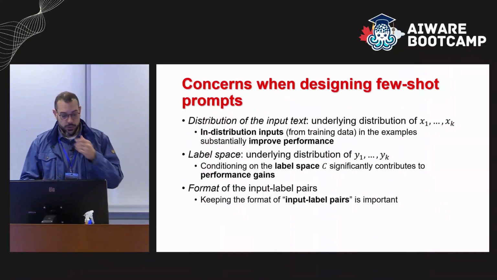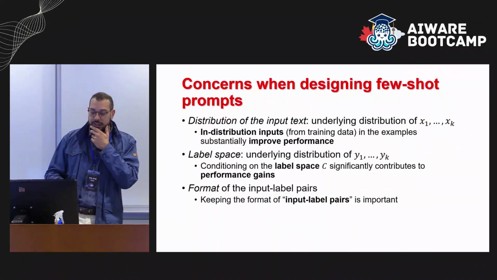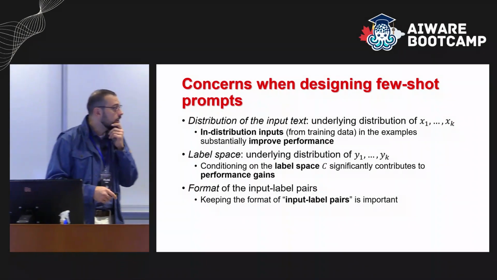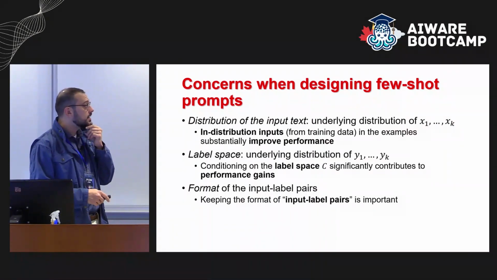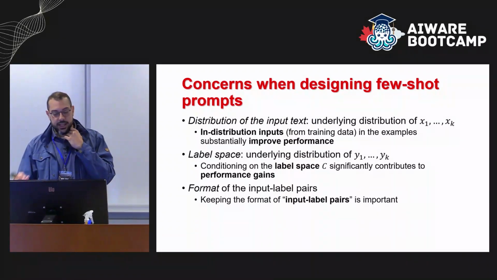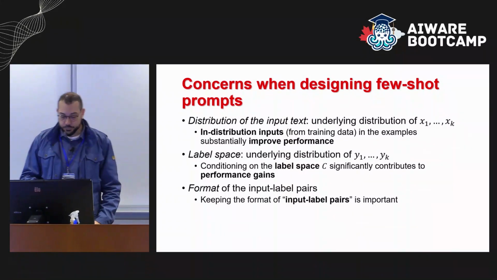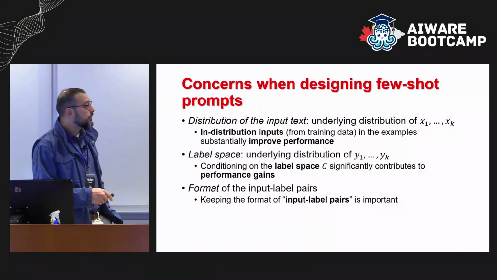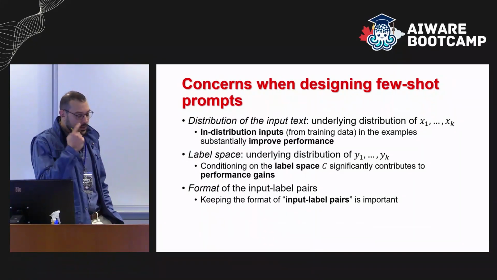Otherwise, it won't work. And we also have the label space. So the underlying distribution of the labels needs to be conditioned on a label space C, so you can see performance gains. So these labels also need to be in the training data. And one important thing is also the format of these input-label pairs.